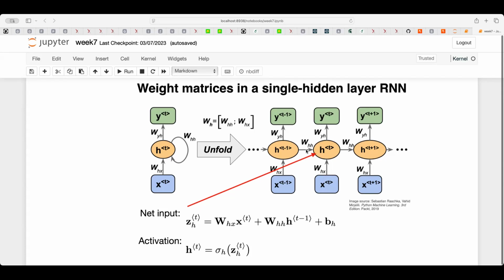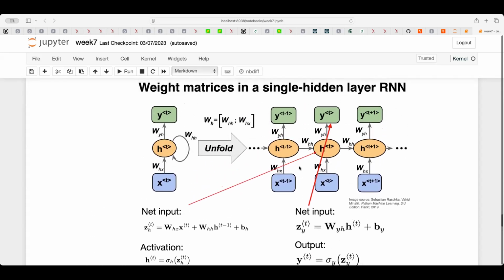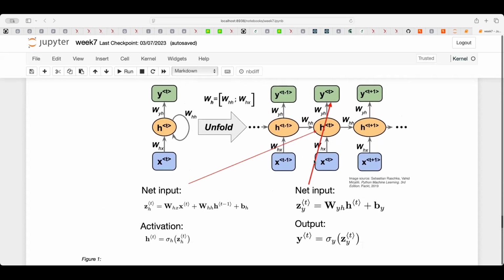You have the WHH, which comes from the previous hidden layer, a previous time step. And then a little bit later here, we produce an output, which is fed into and produces Y. So we produce a C of Y here, which contains these weights, and this is fed into a new activation function.